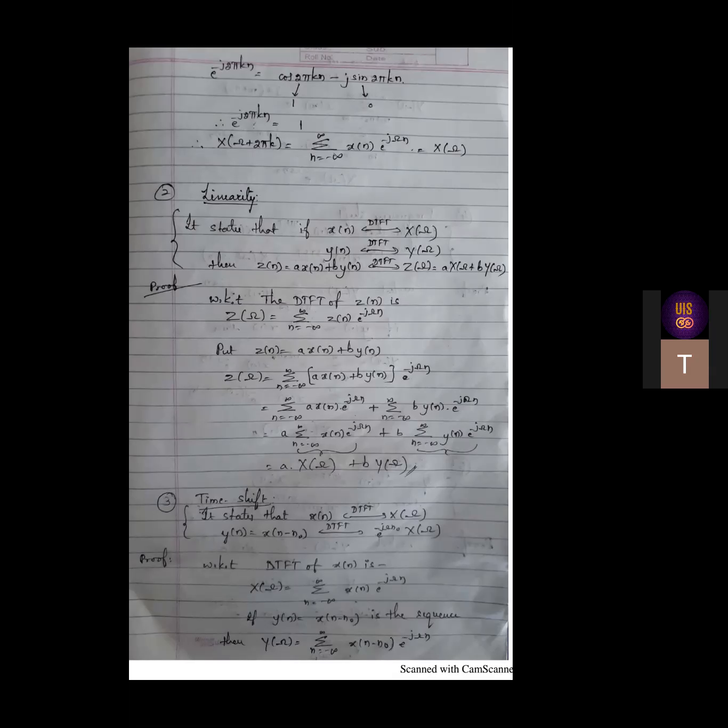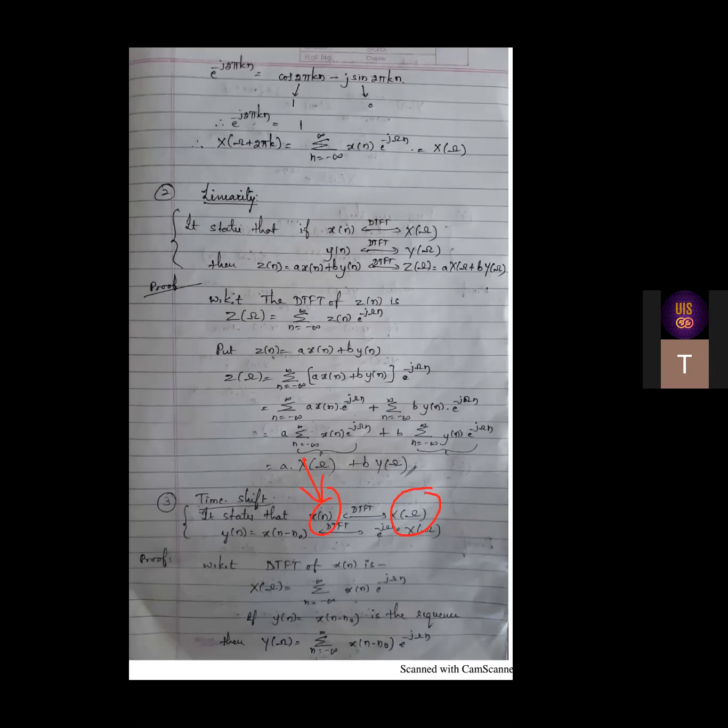You can just see the slide. The time shift, this property you have already studied even in Z transform also. So out of this omega and n, we are now talking about time shift, that is n value is getting shifted.